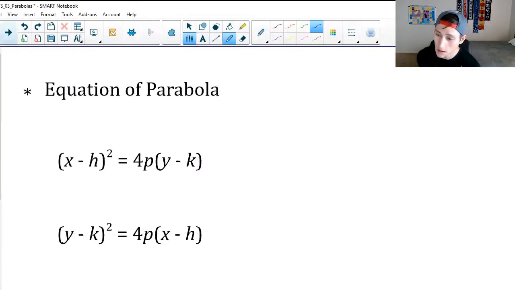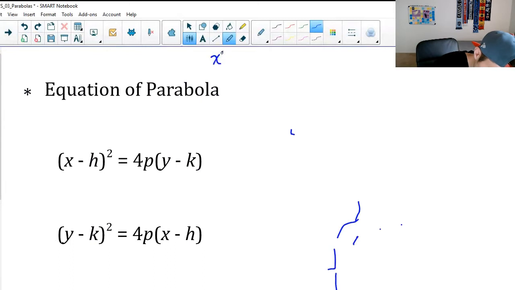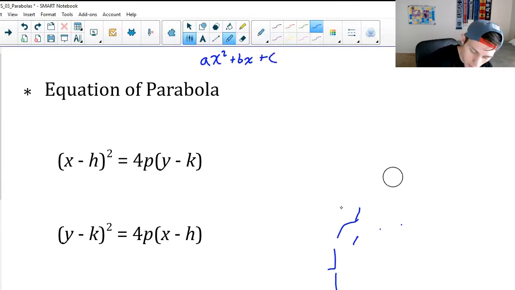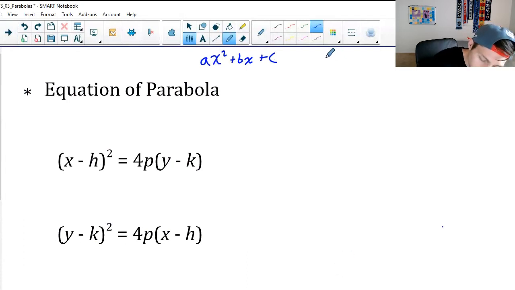Here are our equations for the parabolas. We're used to thinking about the standard form, ax squared plus bx plus c, a quadratic that would give us a parabola. Or we also have vertex form, which is a times (x minus h) squared plus k.